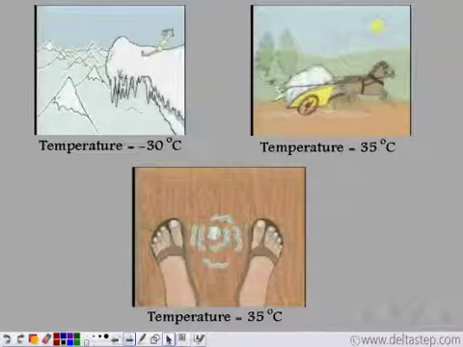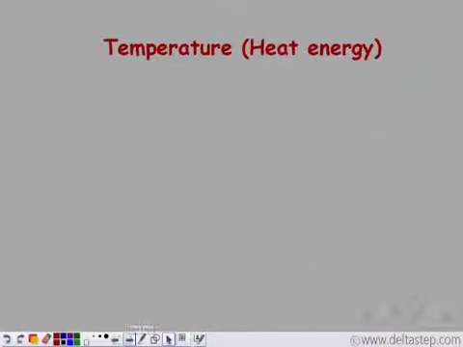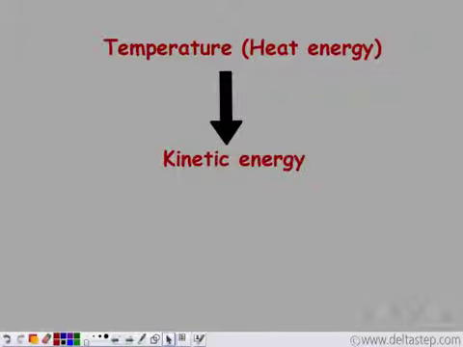How is this change of temperature related to the melting of ice? Let's see. This temperature is also the heat energy. As the temperature increases, more is the heat energy. If more is the heat energy of the particles, this heat energy is converted to kinetic energy.